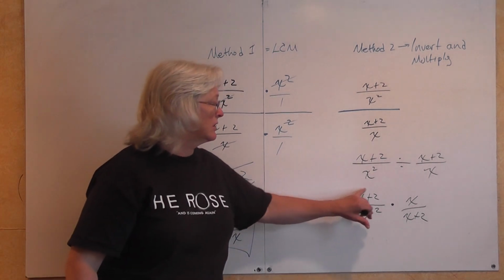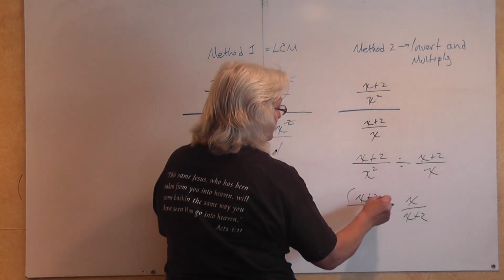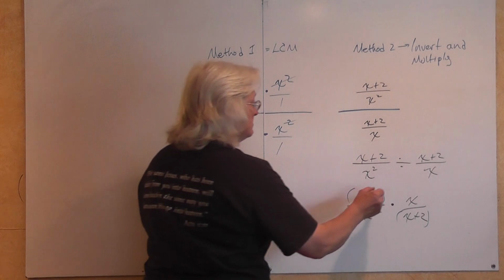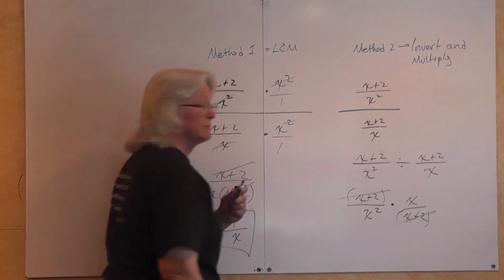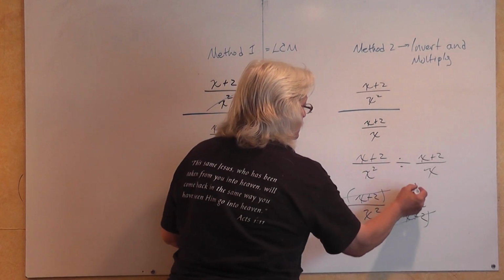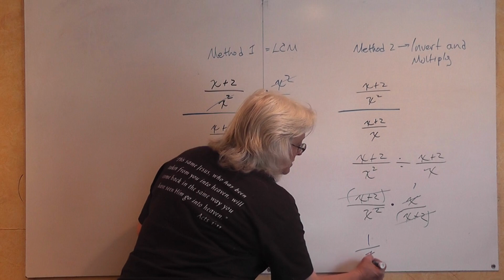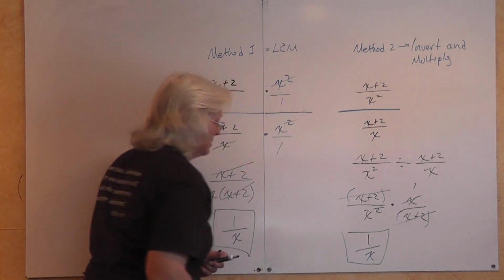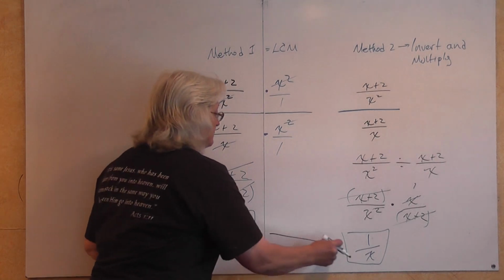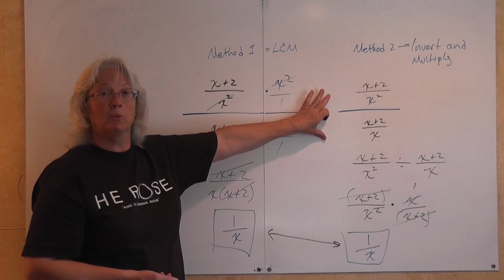Remember, you can only cancel entire factors. So we have a factor of x plus 2 that we cancel. We also have a factor of x that cancels, leaving us with the rational expression 1 over x as the solution to this problem.